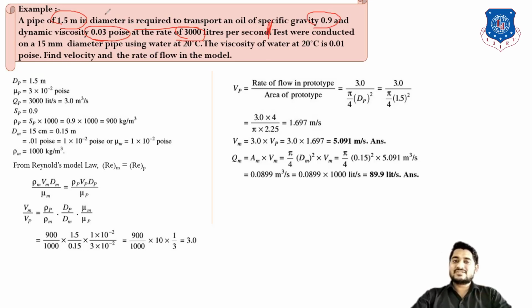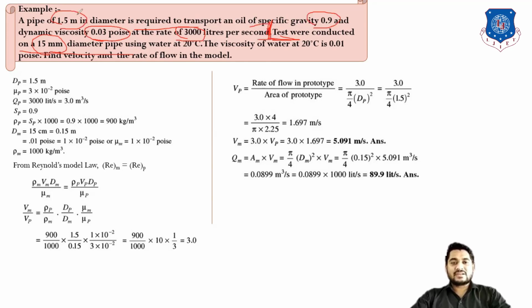We cannot say whether the data is for model or prototype, right? But let us read further. The tests were conducted on 15 cm diameter pipe. The tests were conducted, that means further data will be for model only. So the above data, up to this line, will be for prototype only.